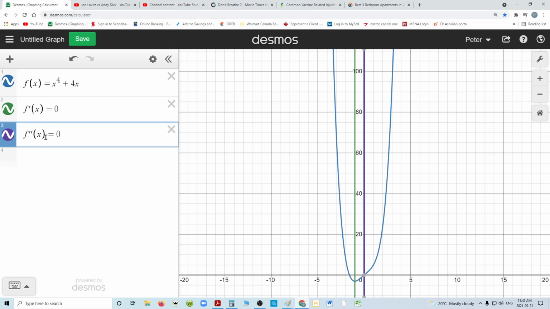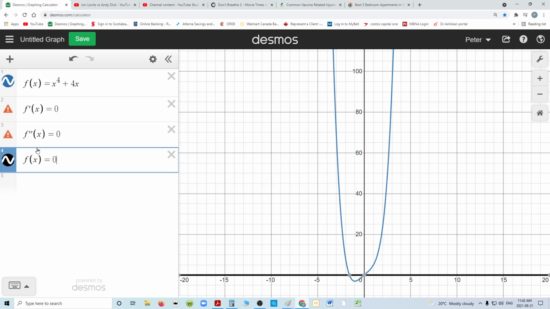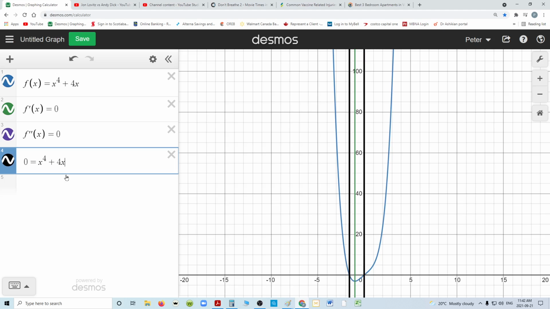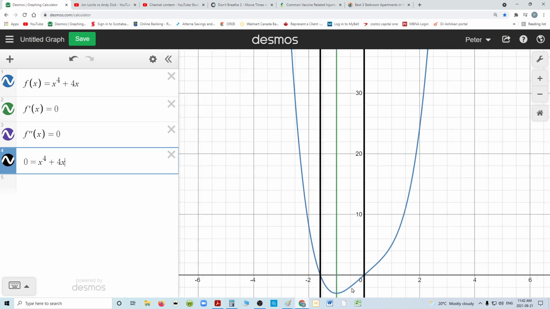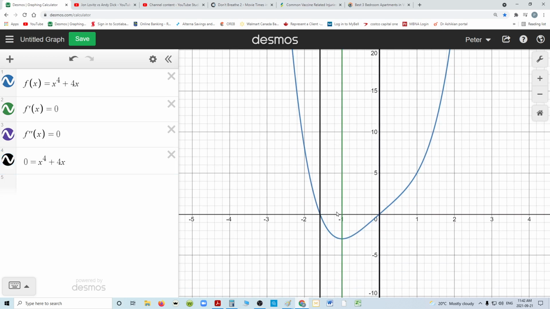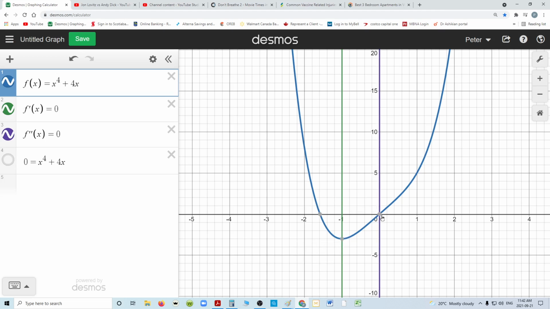We can also ask when f of x equals 0, when is 0 equal to this formula, and it'll give us the x-intercepts. So you can see we get it all: the x-intercepts, the min point, and of course that is the inflection point.